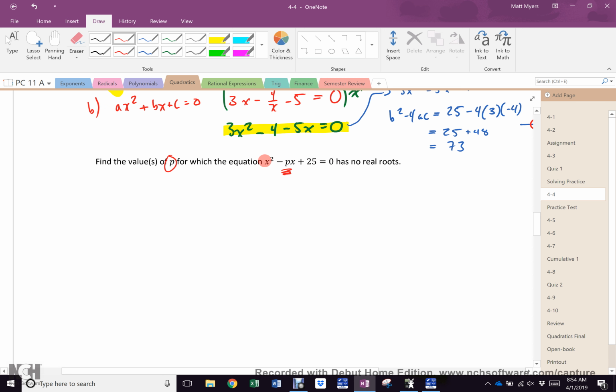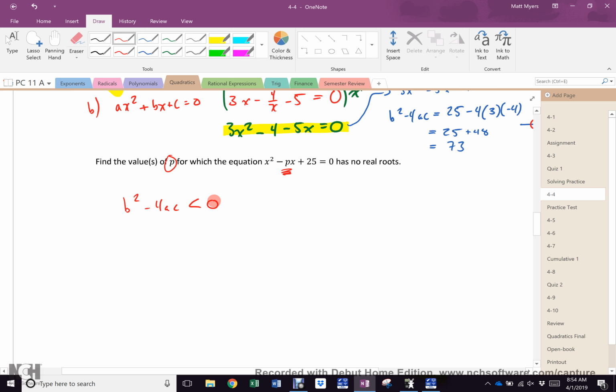So we only care about the discriminant, right? And if it's got no roots, the discriminant must be what? Negative. So b squared minus 4ac must be less than 0, correct?